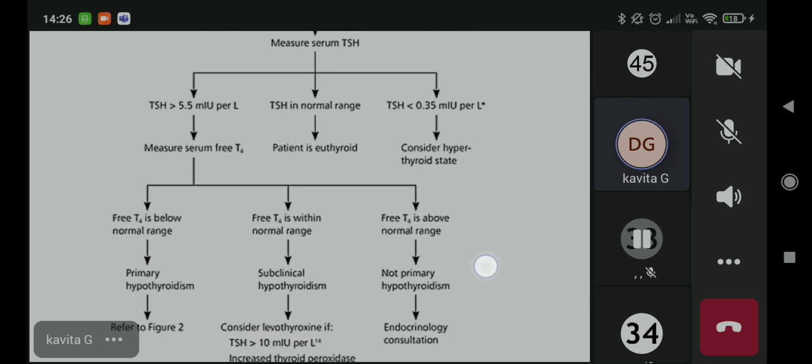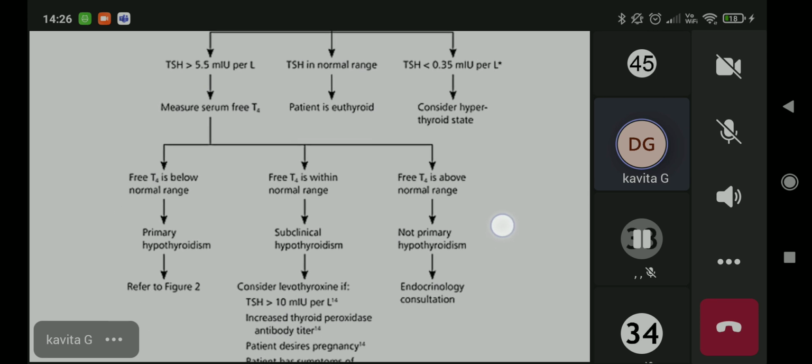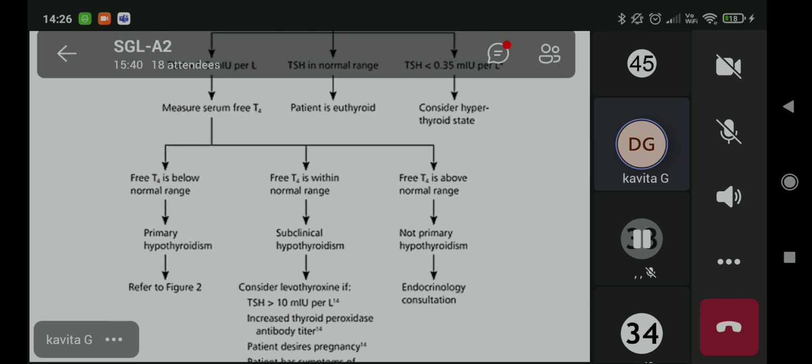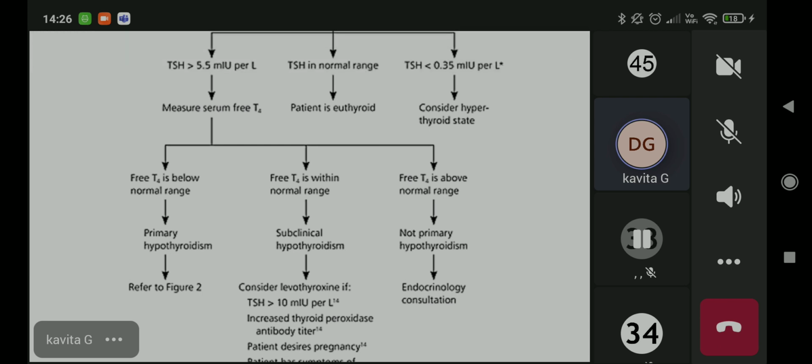As per the guidelines, you can even start at 5 to 5.5. You can just start it. But if free T4 is also above the normal range, then it's not primary hypothyroidism, and you should go in for an endocrine consultation and see what could be the cause. Is there any tumor? Is there any other thing going on?